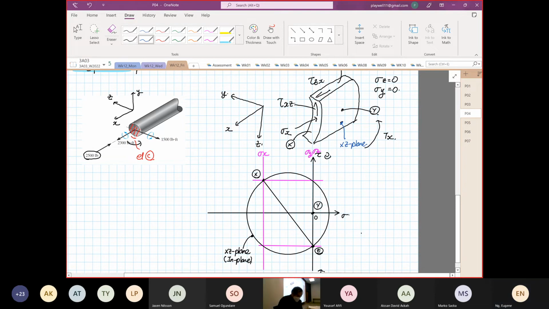Okay. And then we can draw another circle over here. And this circle belongs to our YZ plane. And YZ plane is our out of plane.